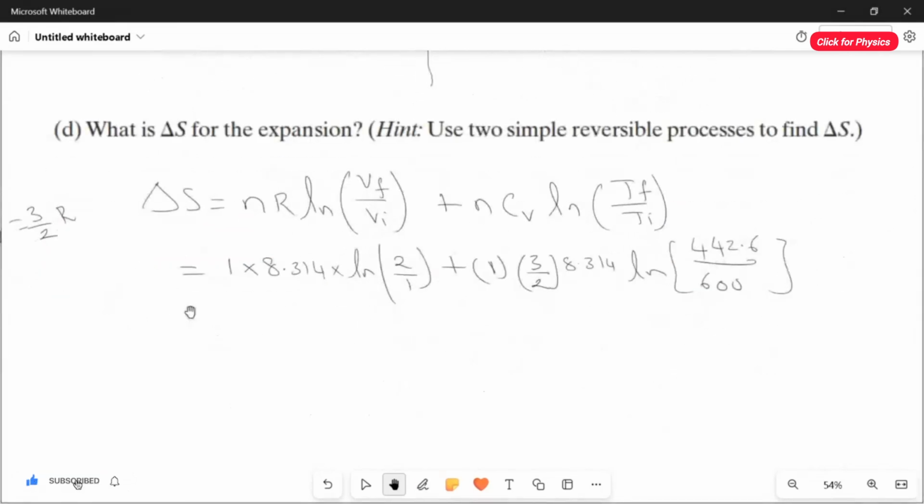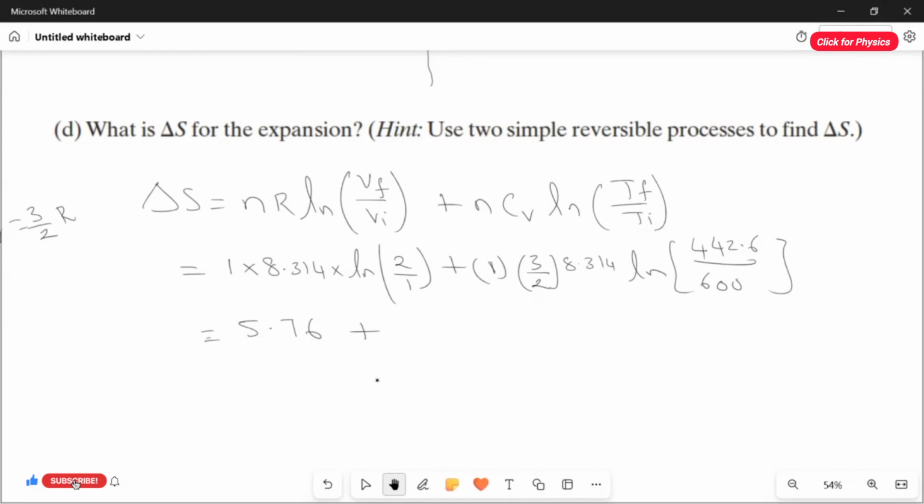Let's see what is the answer for the first part. For the first part, 8.314 multiplied with the natural log of 2 over 1. Here I got 5.76. So 5.76 plus this side, Cv takes the value of 1.5. So 1.5 multiplied by 8.314 multiplied by natural log of 442.6 over 600.